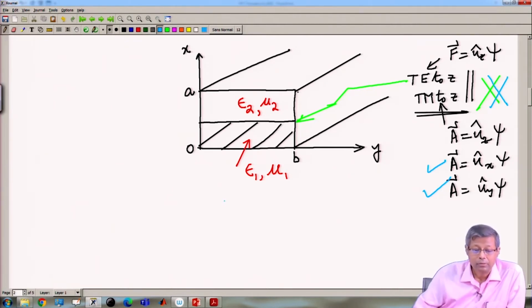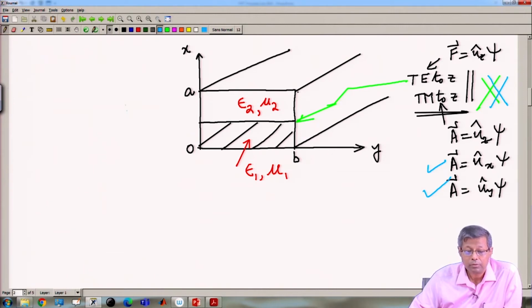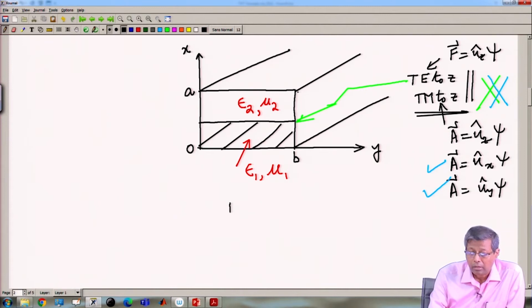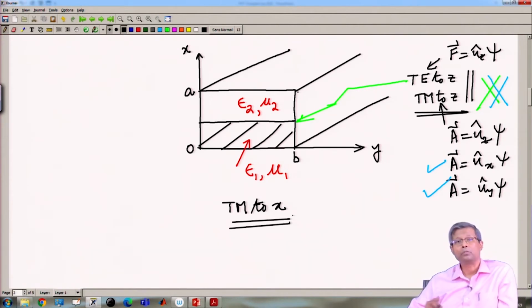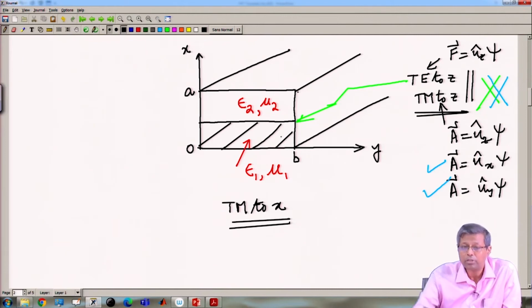Let us take the mode set which is TMx. Let us consider the TMx mode and find out whether the TMx, TEx mode sets allow me to satisfy the boundary conditions in this problem.